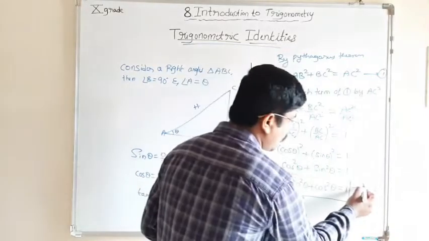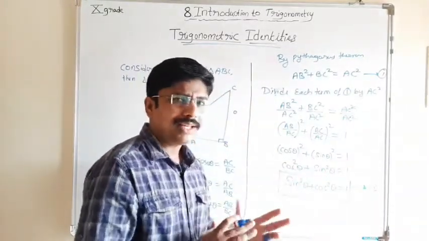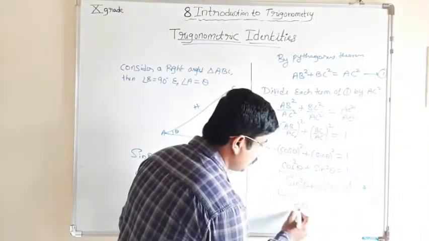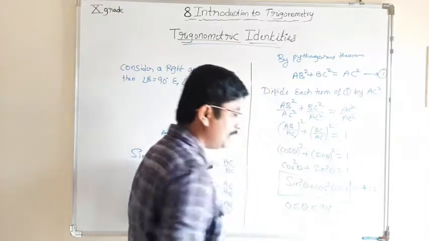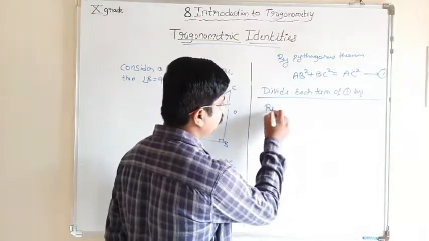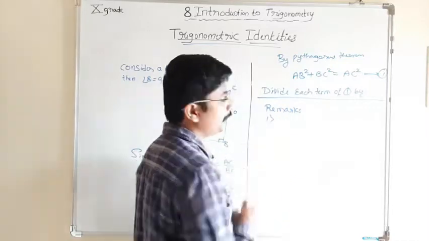Now, theta, it is true for all the values. So, theta is greater than or equals to 0 and less than or equals to 90 degree. Remark. First remark.